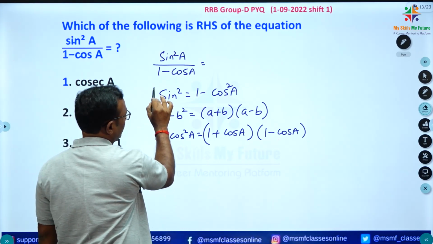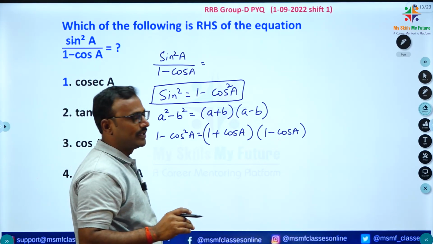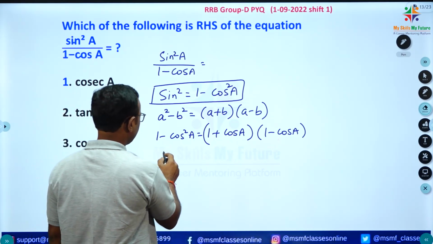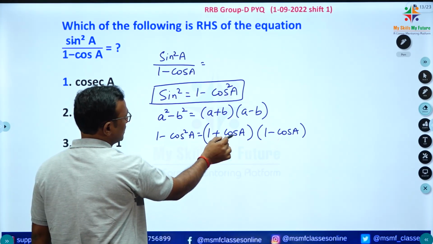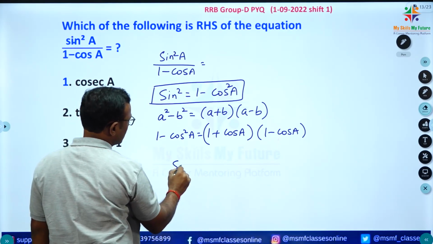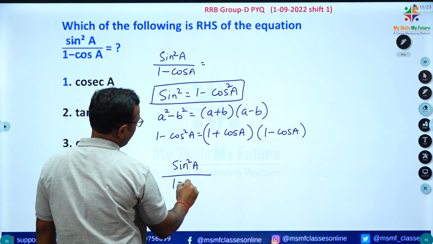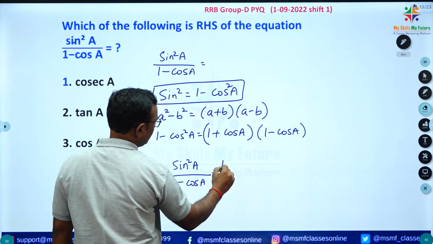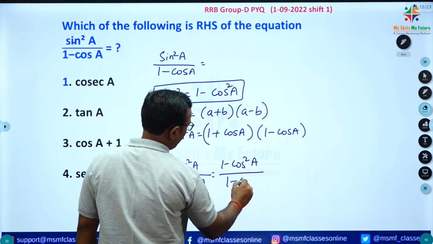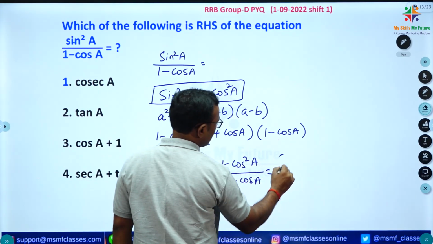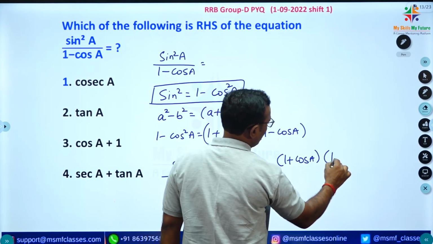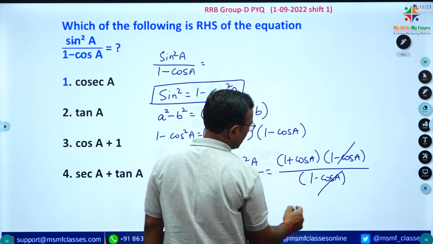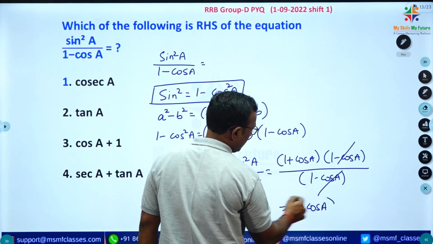We know that sin square A is equal to 1 minus cos square A, and A square minus B square is equal to A plus B into A minus B. Like this, 1 minus cos square A can be written as 1 plus cos A into 1 minus cos A. So, sin square A by 1 minus cos A can be written as 1 plus cos A into 1 minus cos A by 1 minus cos A. The 1 minus cos A terms cancel, and 1 plus cos A is the answer for the RHS side.